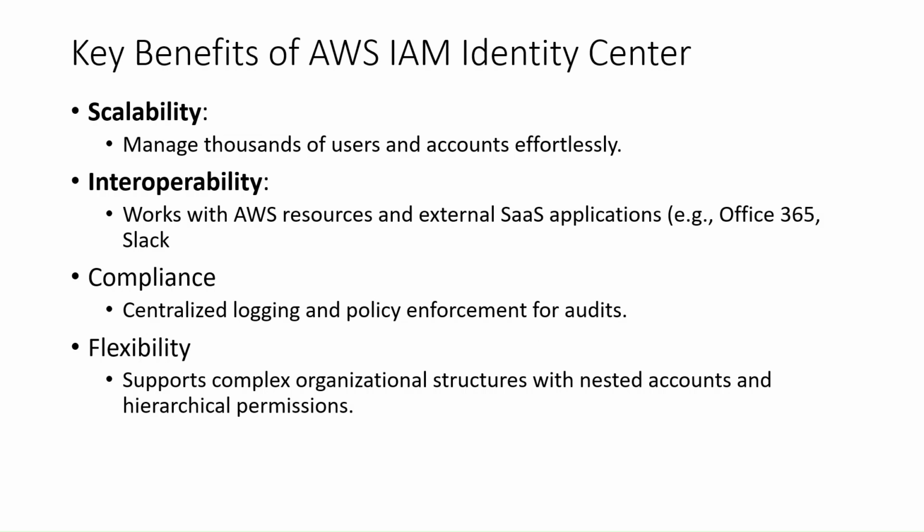While auditing is happening, we can easily grab the information. In one place, we can get all the details of who has used what. Next is flexibility. It supports complex organizational structures with nested accounts and hierarchical permissions. It's completely flexible. You can give permission to a particular user like that.